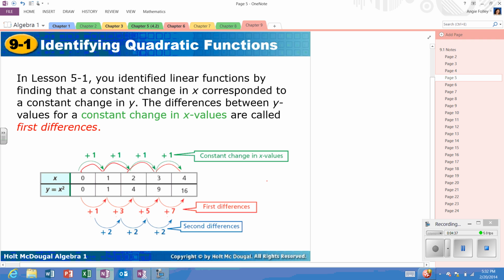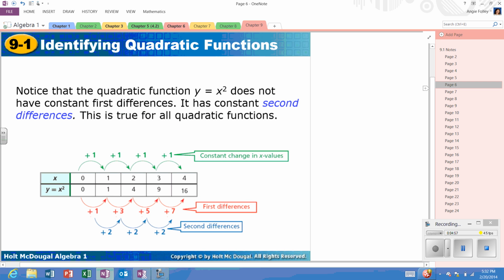And so that first change for the y values is called your first differences. If you look at the differences between those changes, the next ones, those are called the second differences, and those are going to be really important for quadratics.